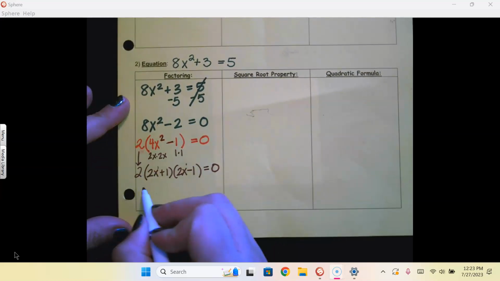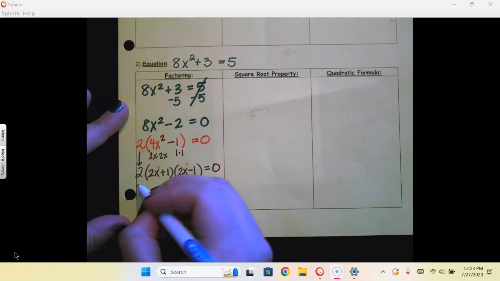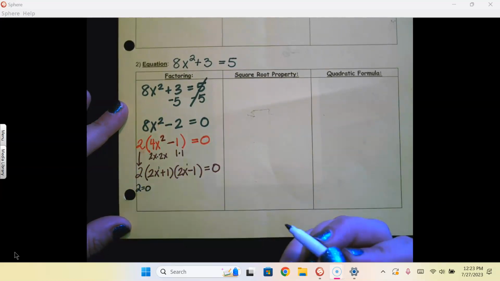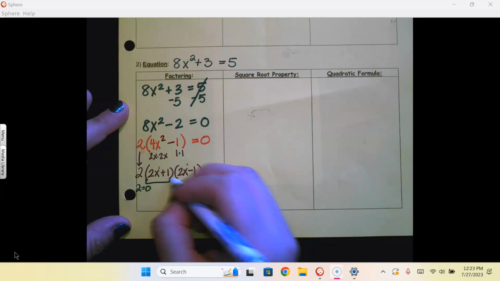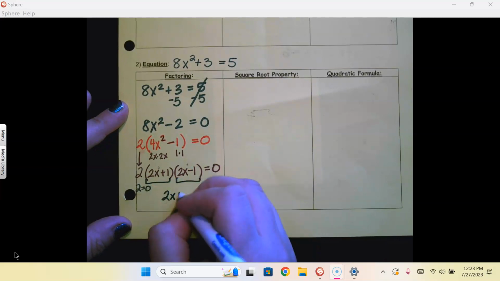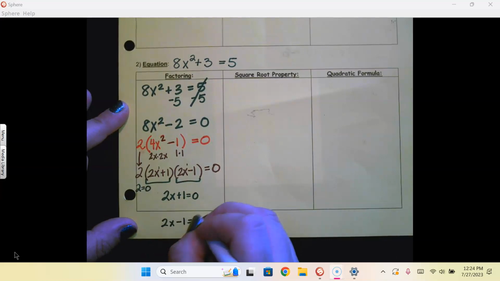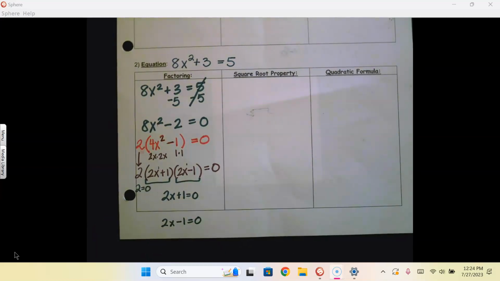Okay, so now that it's completely factored, we can't factor these any further because the exponent is a 1. Then we're going to set each factor that has an x equal to 0. So this 2, we're going to ignore this because if we set it equal to 0, there's no x there. So then we're going to set both of these equal to 0. And then we'll get our 2 solutions this way.